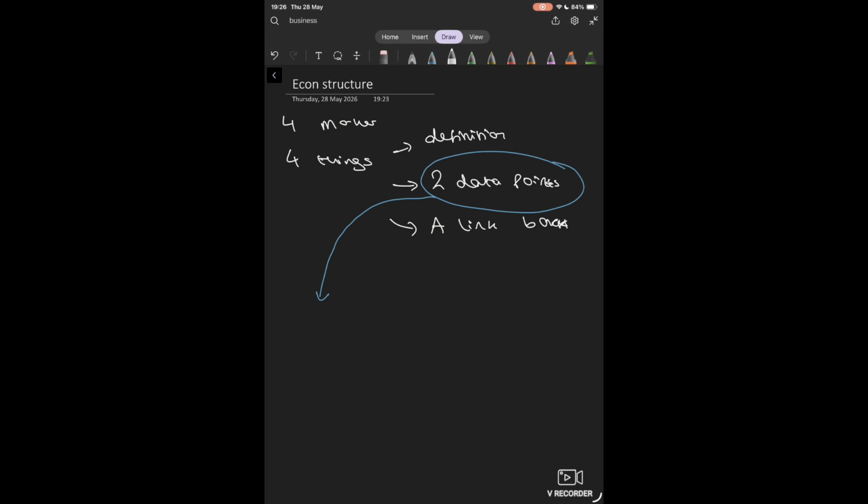When I say 2 data points, I mean you select 2 points from the extracts given, mainly just mathematical points, for example, percentages, etc. And then you explain why you have chosen them and why they lead to a comparison. And I'm going to go through this now with my example.